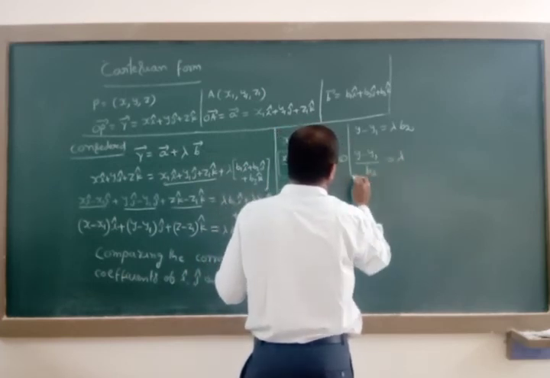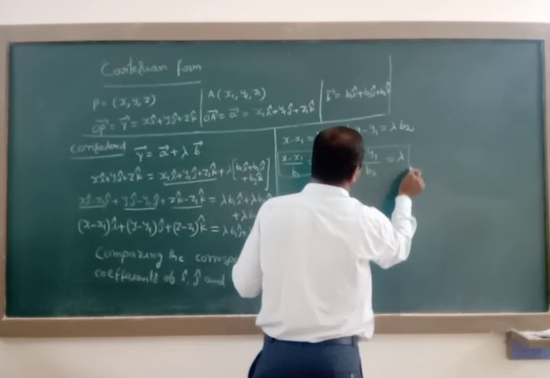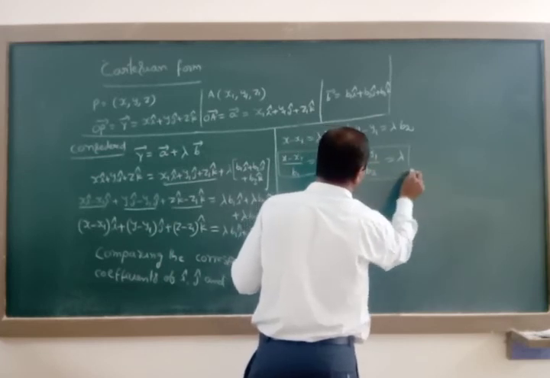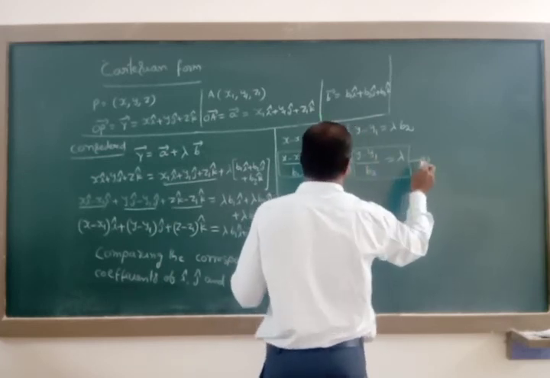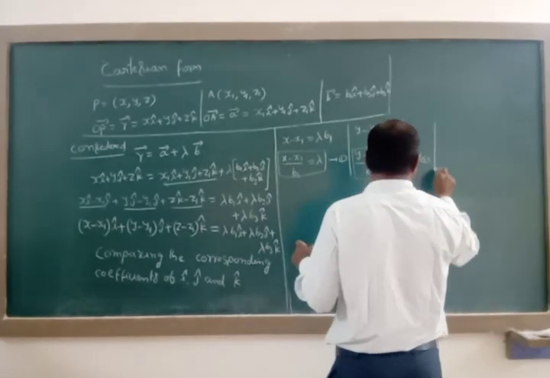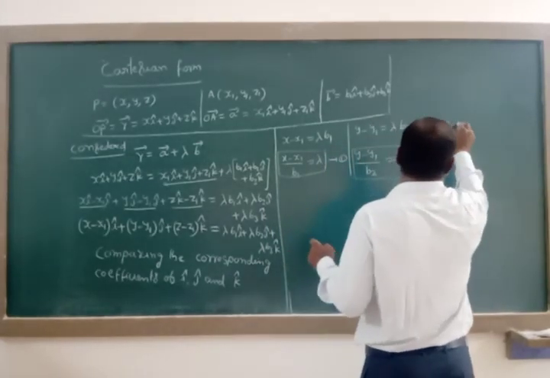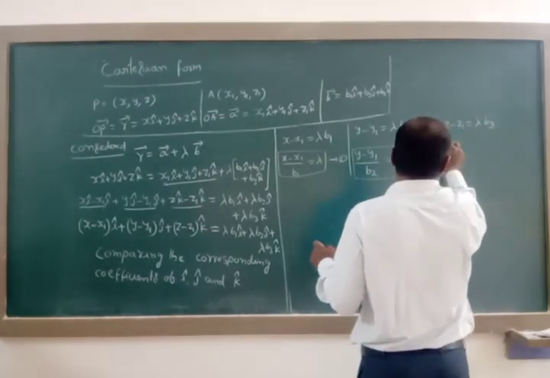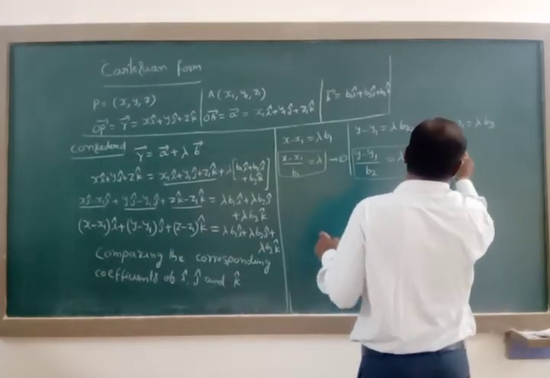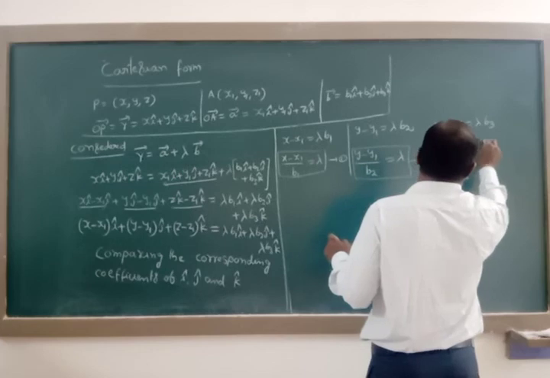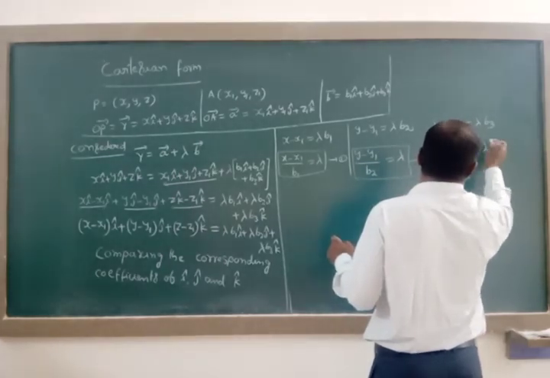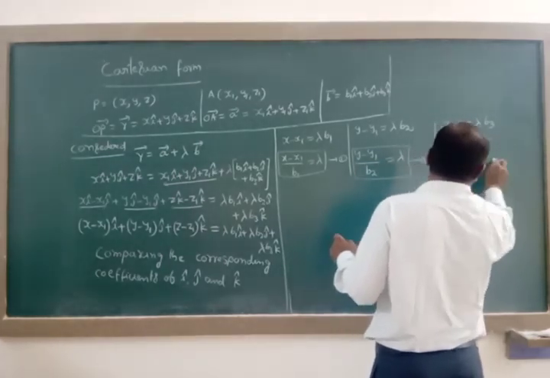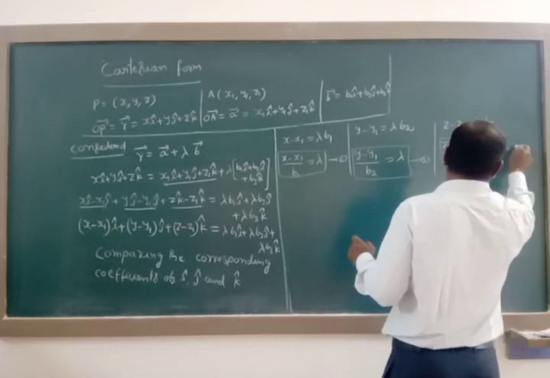It is equation number 2. Next, the last one is z minus z1 is equal to lambda b3, that is z minus z1 by b3 is equal to lambda. It is equation number 3.